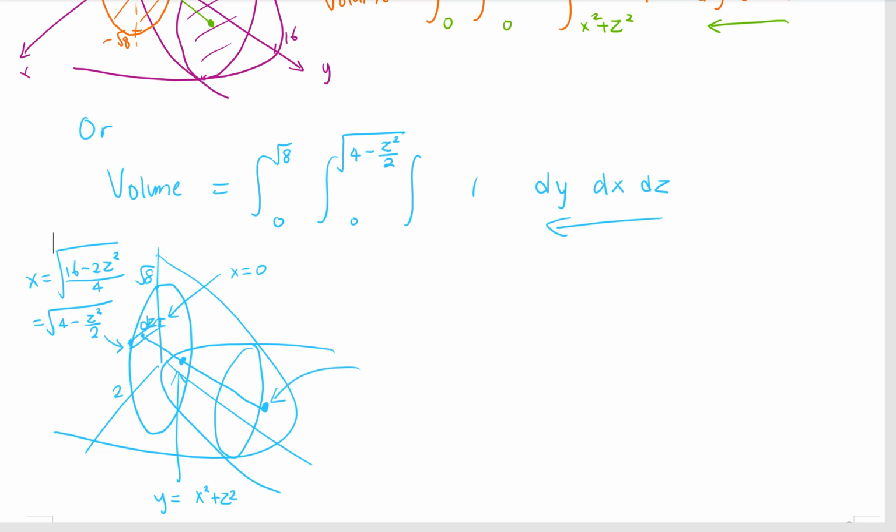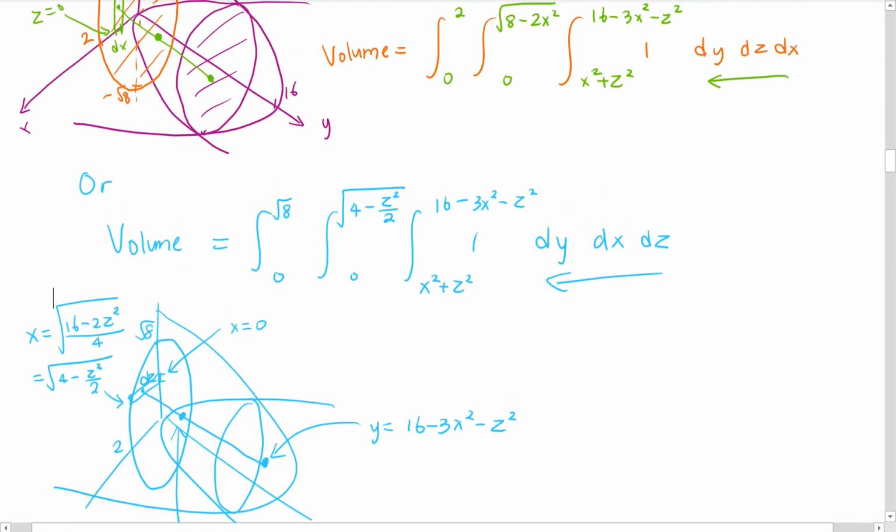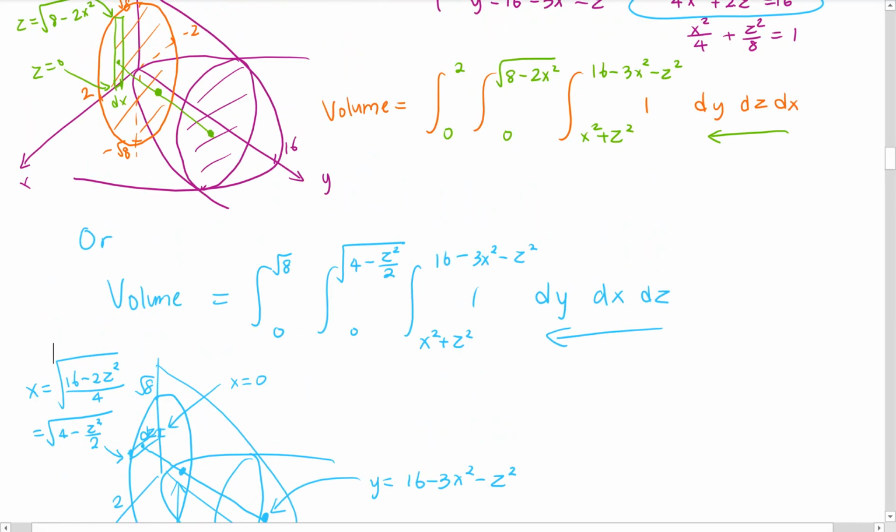The upper paraboloid is y equals 16 minus 3x squared minus z squared. So y goes from x squared plus z squared to 16 minus 3x squared minus z squared. Okay, everybody? So this is how we set up using the other order.